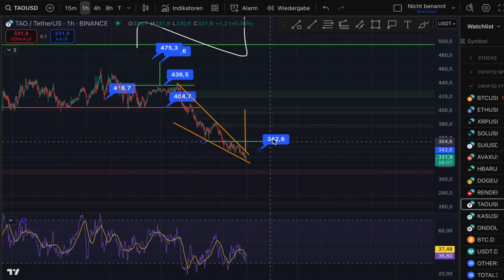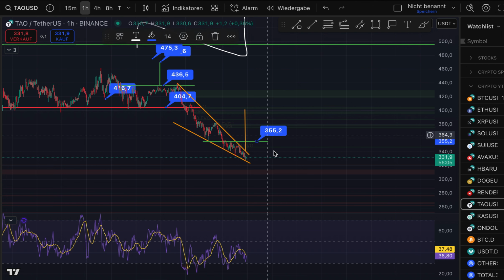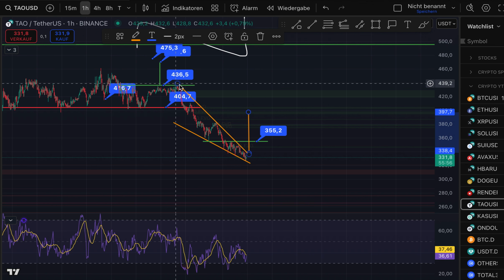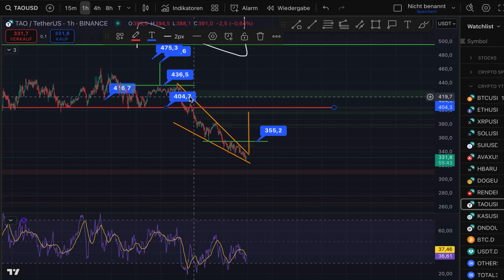But my first long trade, I would take at $355 US if we break that price mark to the upside. So if we break the falling wedge to the upside, then I'm going to take the falling wedge as an orientation. So I'm taking the target of that falling wedge, which is currently the $398. But here we have resistance over us at $404 US.